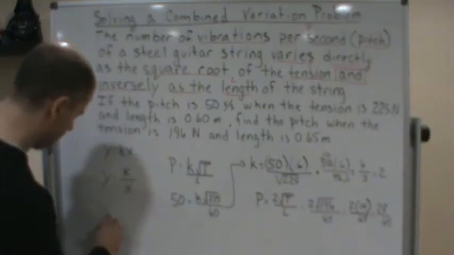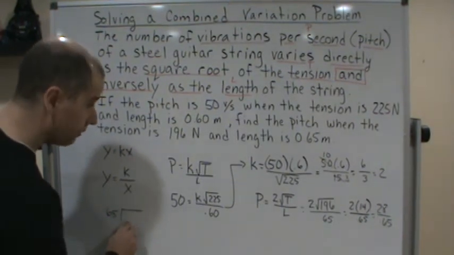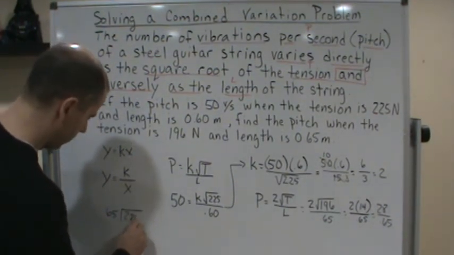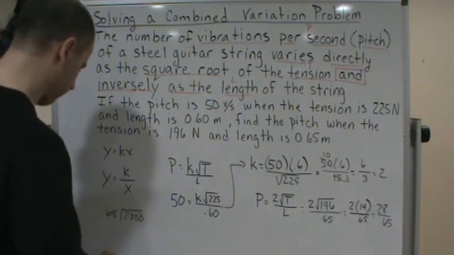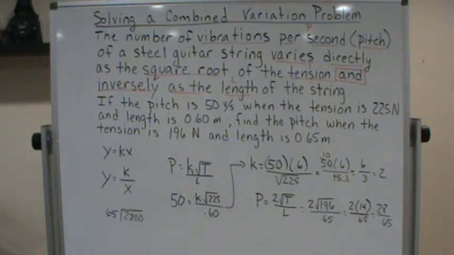So 0.65 divided into 28 is 2800 divided by 65. This is going to be more than 25, so it'll be less than double.